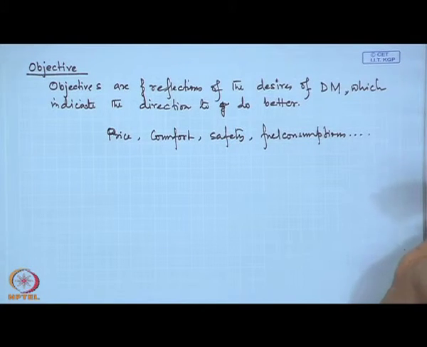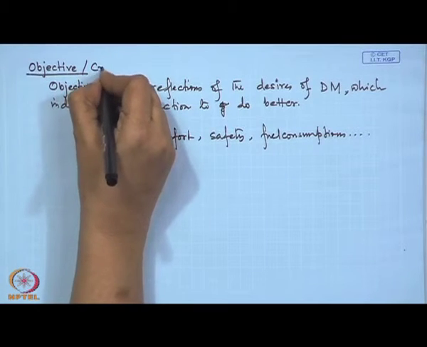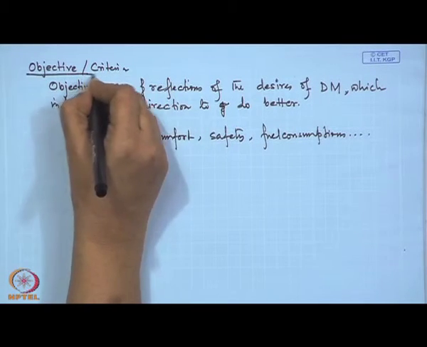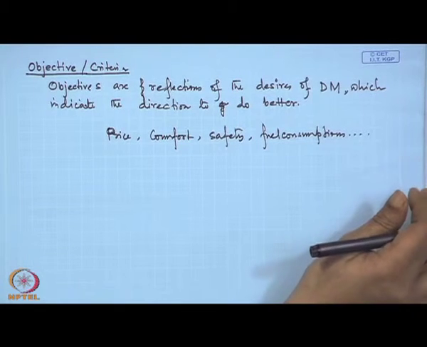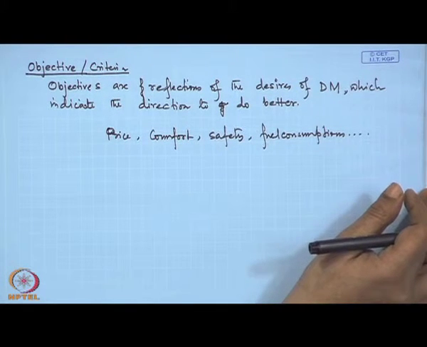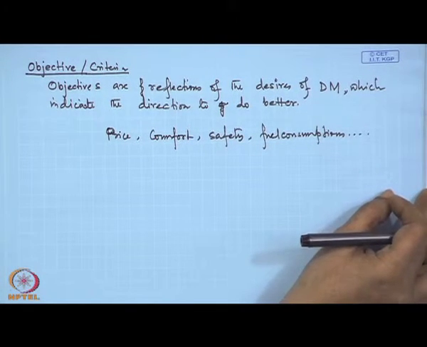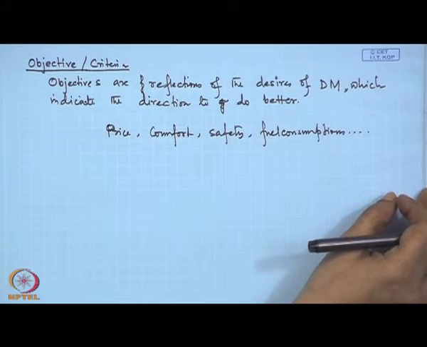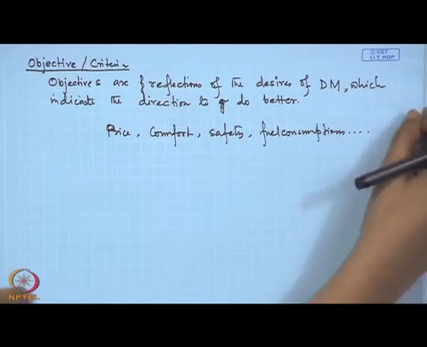These are all objectives for us, and in the literature of multi-criteria decision making, objectives are also named criteria. Interchangeably we are using them, but in some literature there is a difference between the objective and the criteria. An objective or criteria is nothing but the set of rules for judgment, and this sets the standard of the judgment.